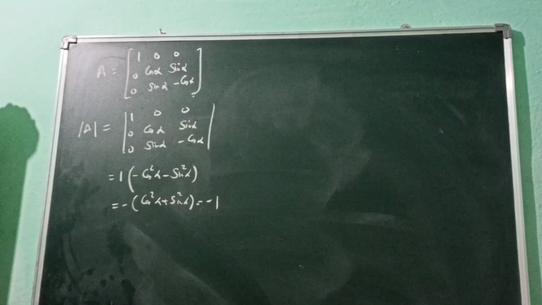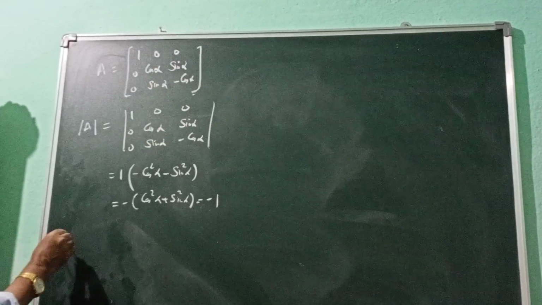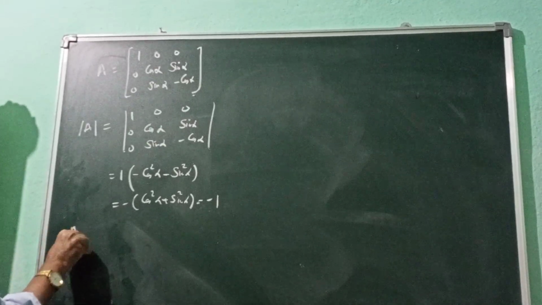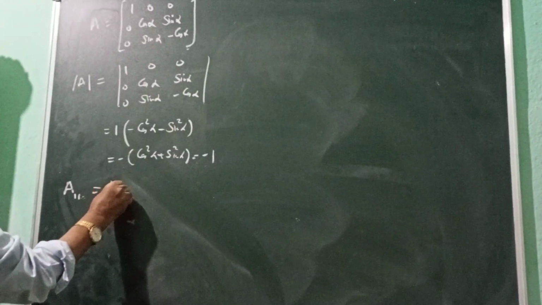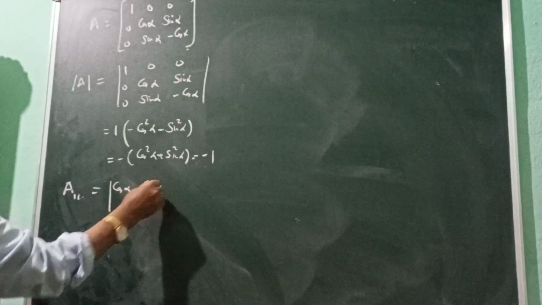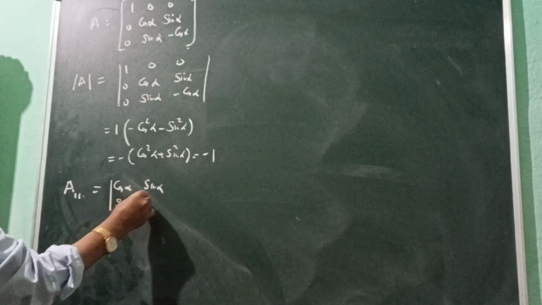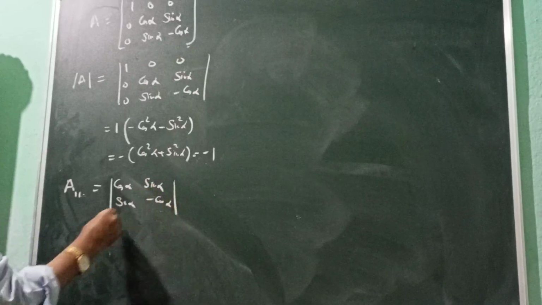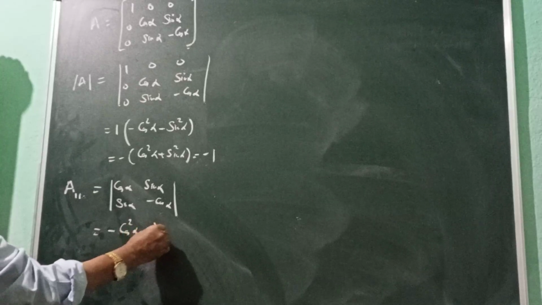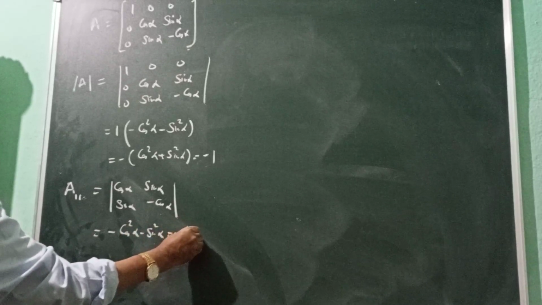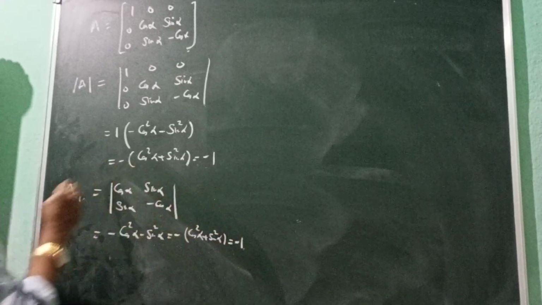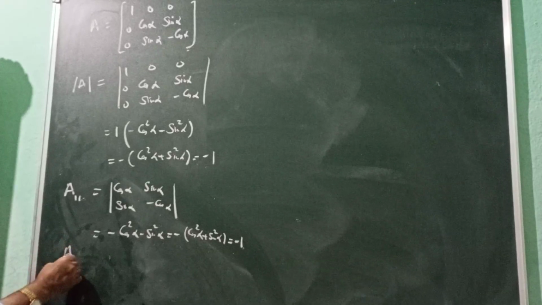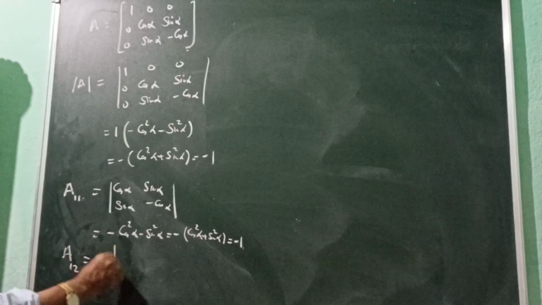Let us start finding the cofactors. First, the cofactor of the first row, first column: delete the row, delete the column. Cos alpha, sin alpha, sin alpha, minus cos alpha. It is minus cos square alpha minus sin square alpha, which is minus 1. First row, second column: the sign will be minus.